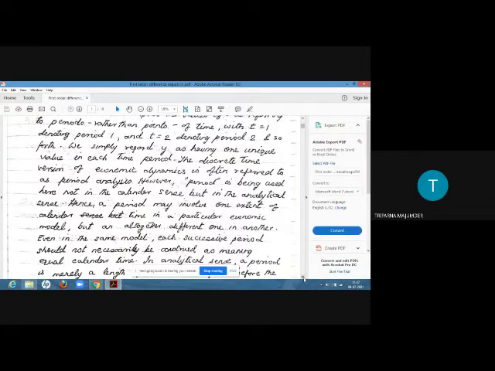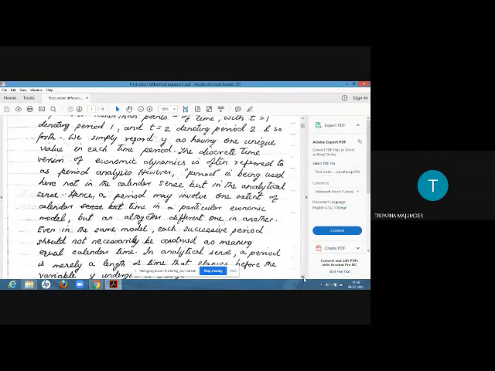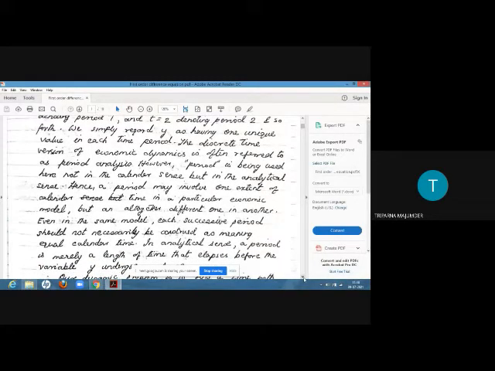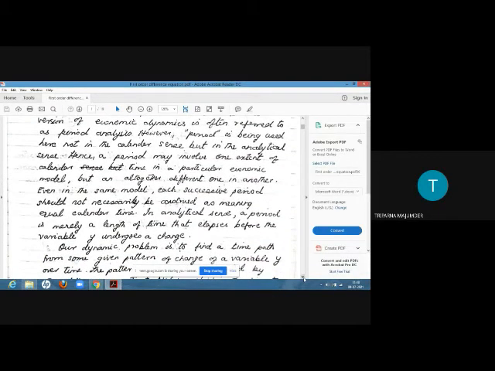A period may involve one extent of calendar time in a particular economic model, but an altogether different one in another. Even in the same model, each successive period should not necessarily be construed as meaning equal calendar time. Now, what do we mean by this analytical sense?